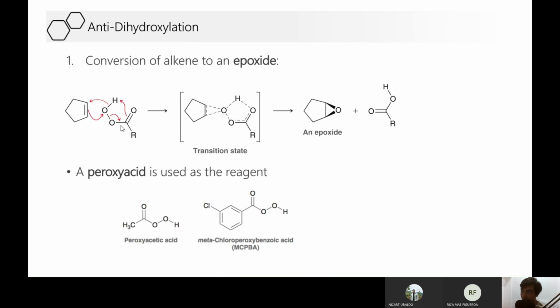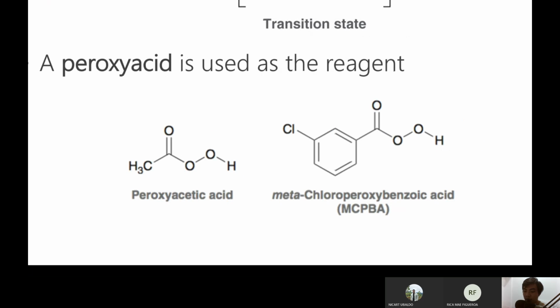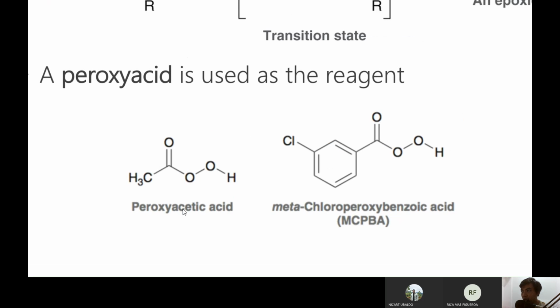Alkene plus peroxy acid, then you will have your epoxide and your remaining product na. Usually a carboxylic acid. So ano yung mga ginagamit nating peroxy acid here? So usually we use peroxyacetic acid, no? So that's an acetic acid with added oxygen, no? Or sometimes we use MCPBA or the meta-chloroperoxybenzoic acid.